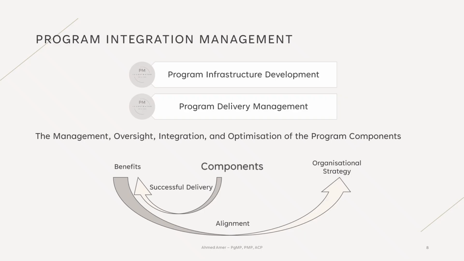Program delivery management activities are performed throughout the program delivery phase and relate to the initiation, change, transition, and closure of program components. In other words, as we have already discussed, the initiation, delivery, and the closure of components all occur within the program delivery phase. Therefore, program delivery management activities naturally belong within the delivery phase as well.